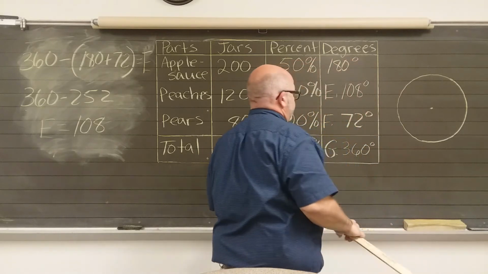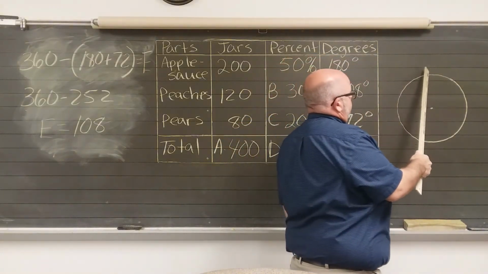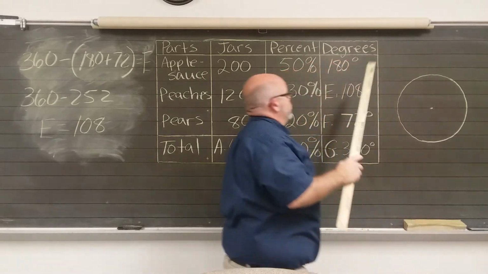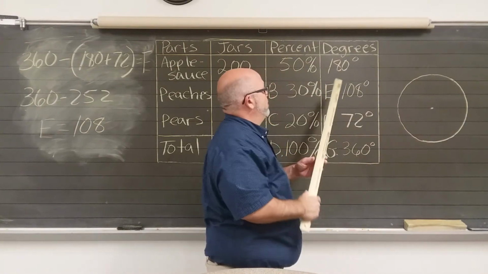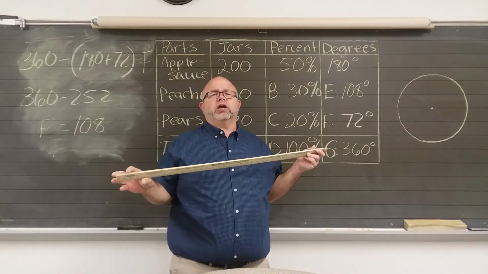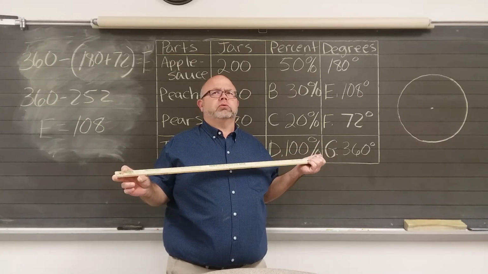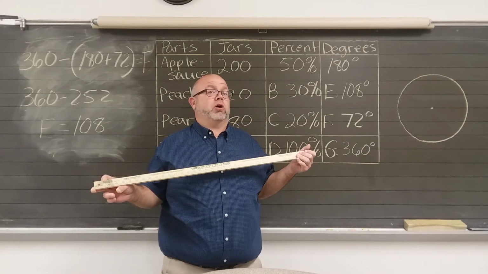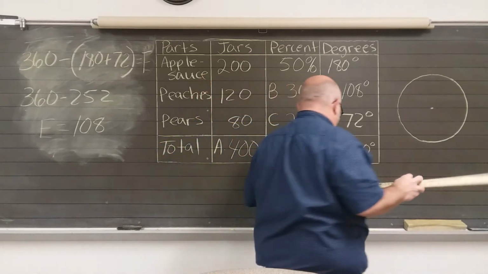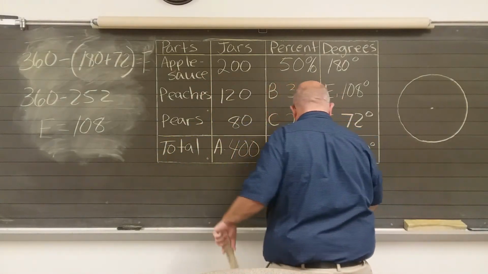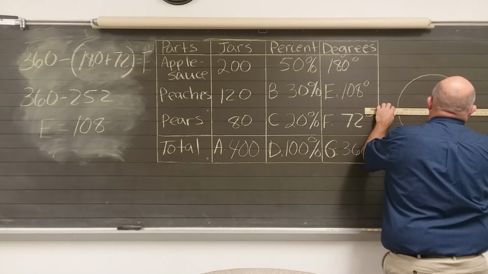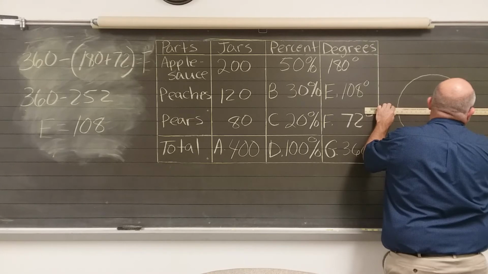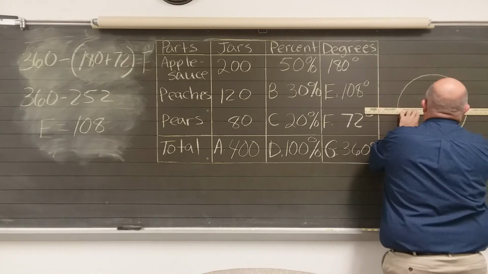All right? Now to make this circle graph, you use the degrees first. Okay, you use the degrees. What do we know about 180 degrees? 180 degrees is what kind of an angle? 180 degrees is what they call a straight angle, right? So if you make a straight line with the 180 degrees, you now have your representation of applesauce, and you should be able to see this because the applesauce is what? 50%.